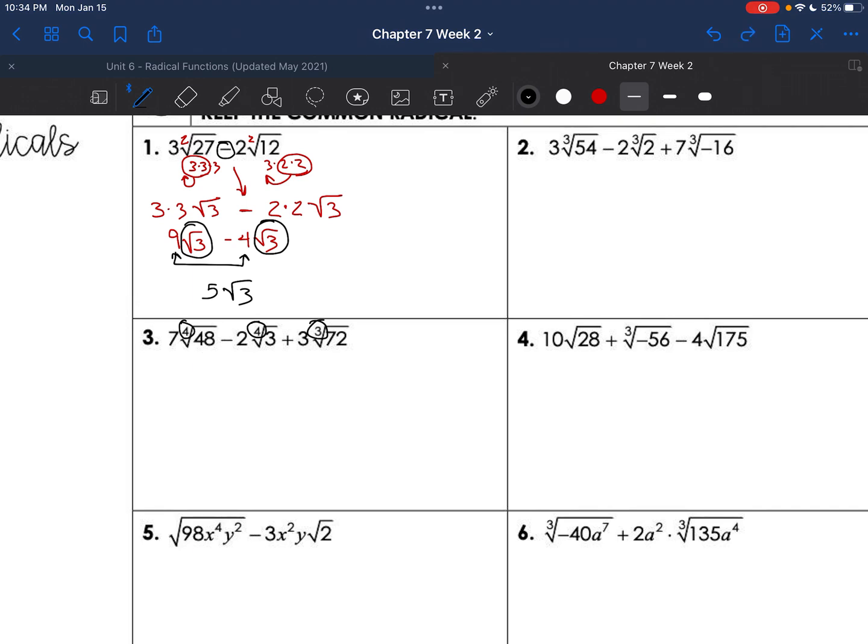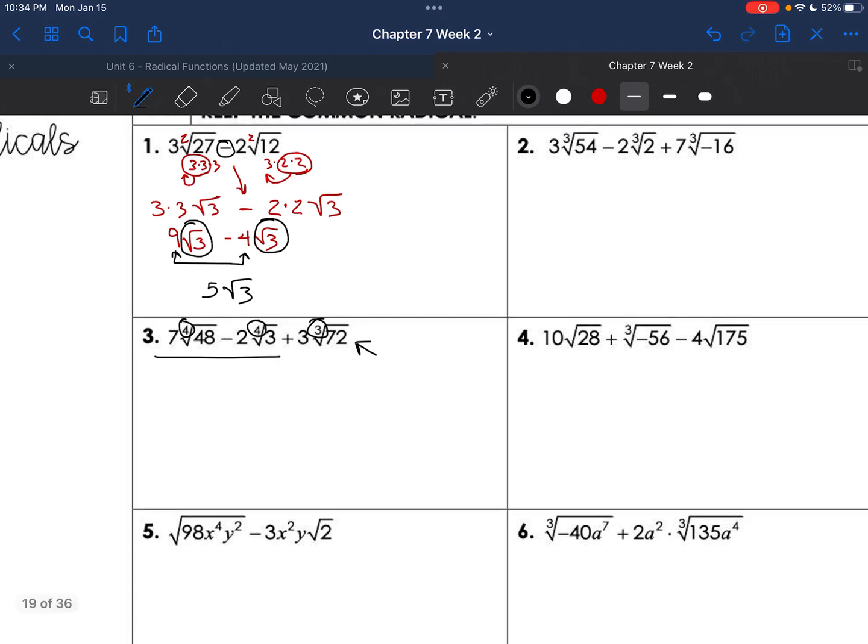So right away, I know that my first 2 terms here can be combined, but I will never be able to simplify this guy as long as it has the 3. So we might be able to look at it and see if we can do a little bit more work to change it, but we're not going to be able to adjust it with these 4th roots over here, okay?